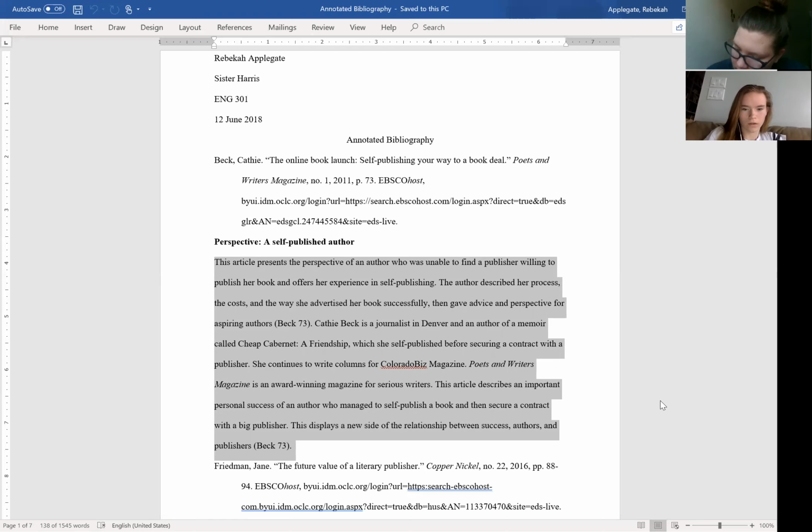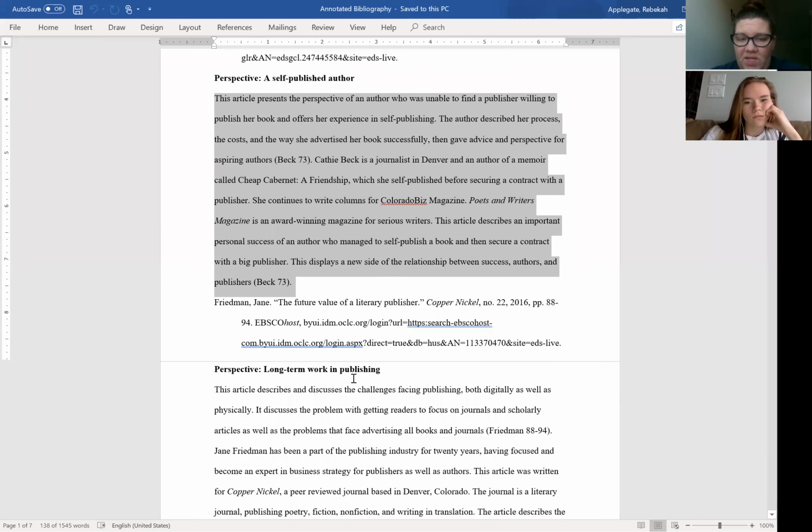That makes a lot more sense, and then we just comment on it. But then you just write about what the article says, why it matters for your research, and then move on to the next one. Does that make sense?